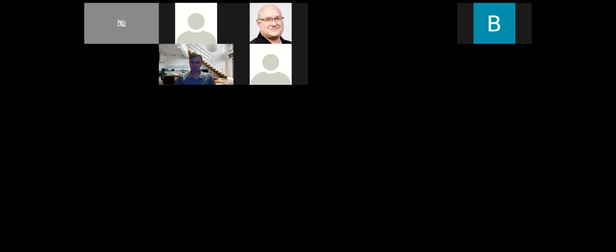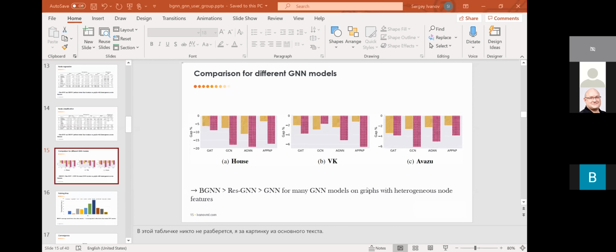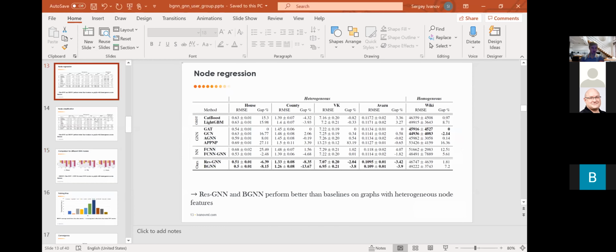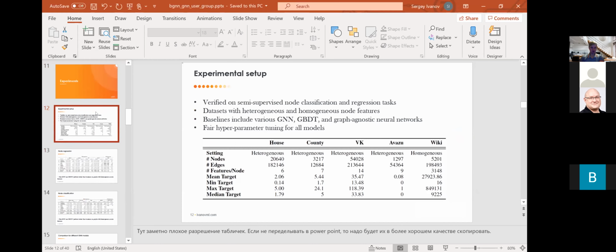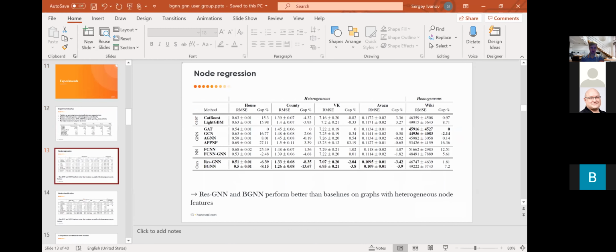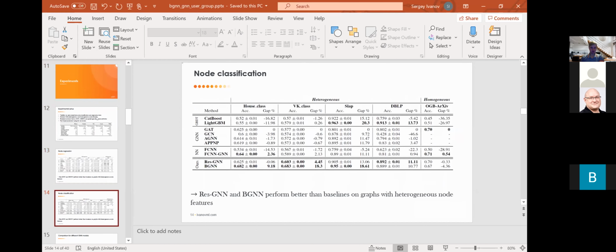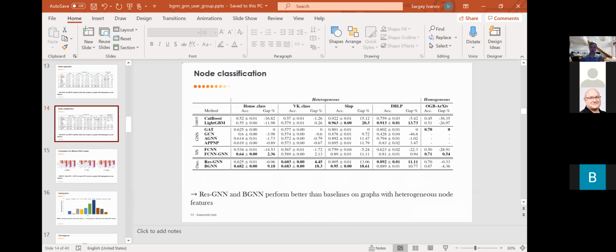I would probably rewind a minute and a half or something like that. Okay, sorry. So which slide did we... I think we're at node classification. Yeah, we were here. Just rewind two minutes is perfectly fine.